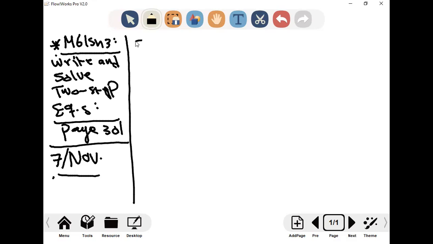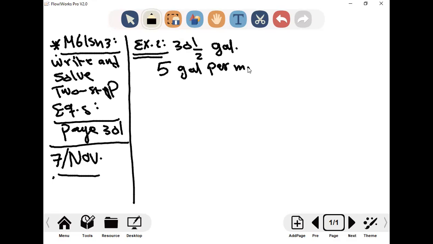So in example 2, the total gallons, how much? The whole gallons of water, how much? 30.5, right? So we have 30.5 gallons of water. And he drains the water at a rate of 5 gallons per what? Per minute. So in each minute, the water will decrease how much? 5 gallons in each minute.